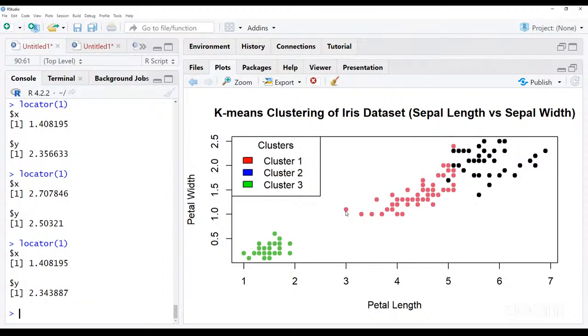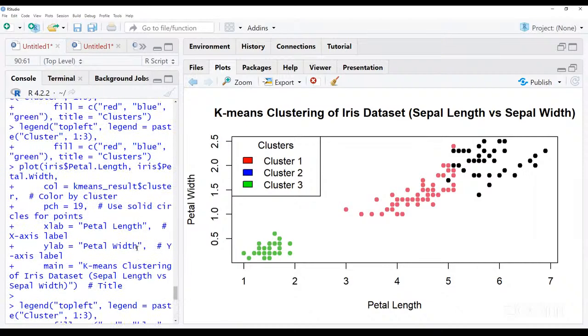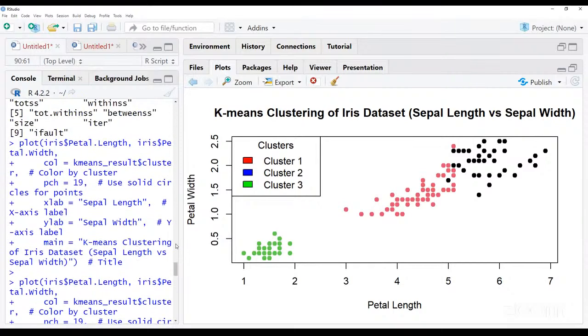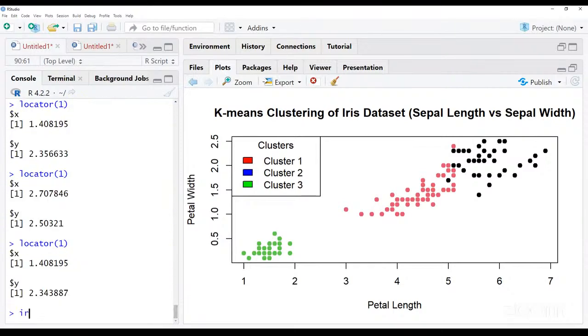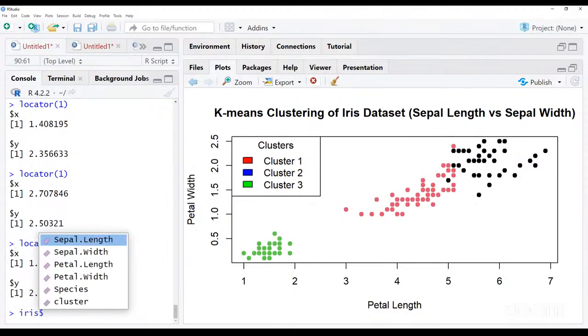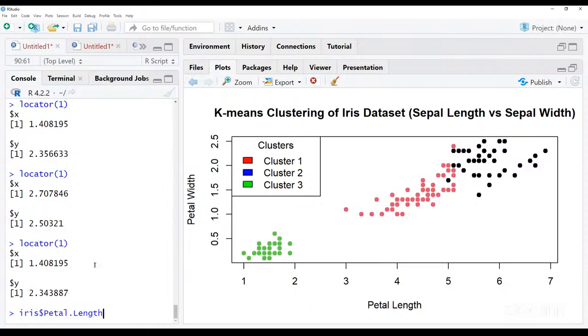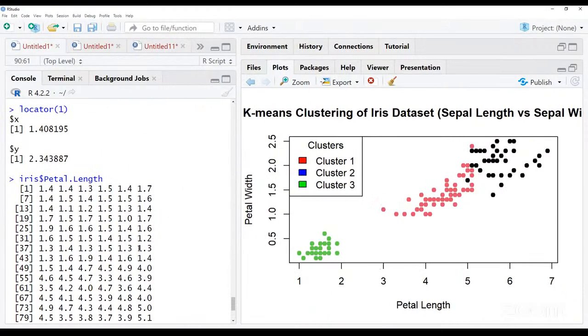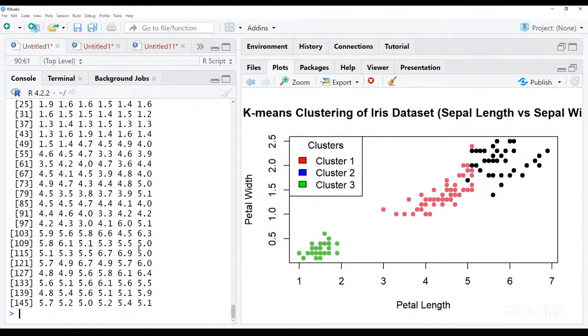So, sir, we have to check the petal width data, no? What is the name? Iris. We can find the individuals here, but how?